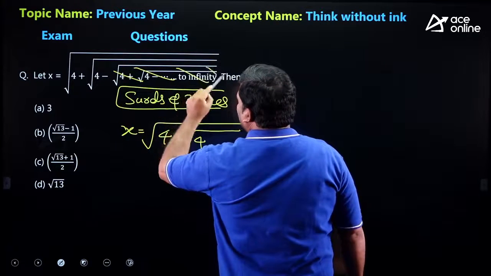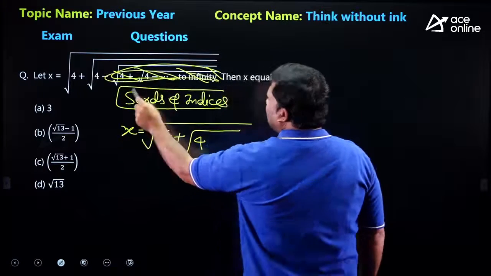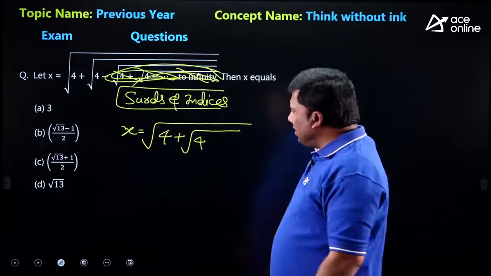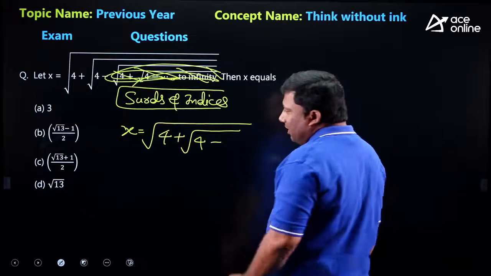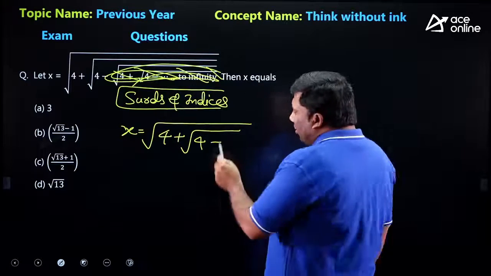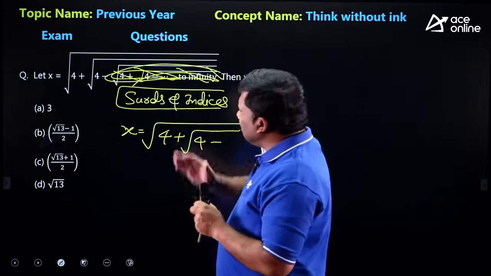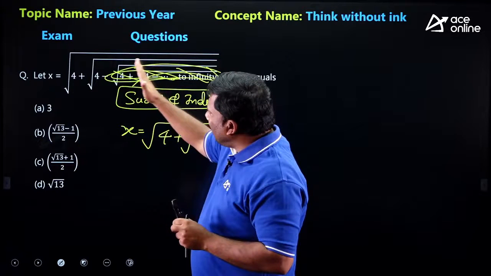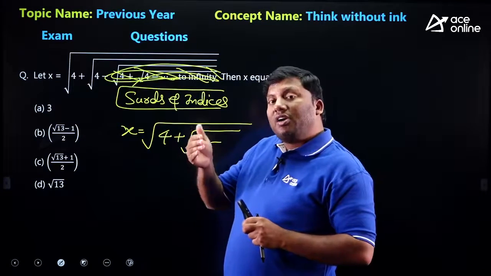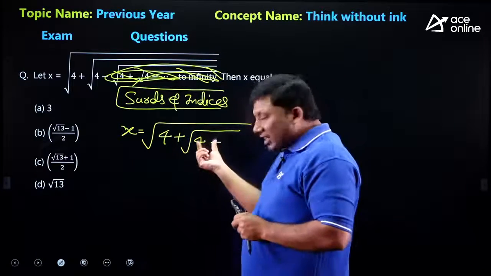Assume the inner part is not present. Then the answer will be root 4, which is 2. Root of 4 minus a positive means it is less than 2.